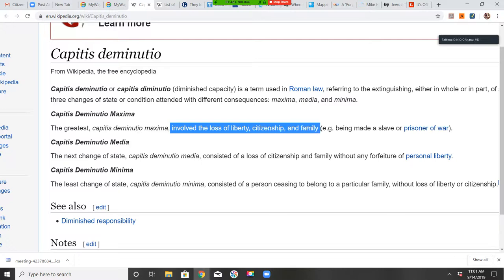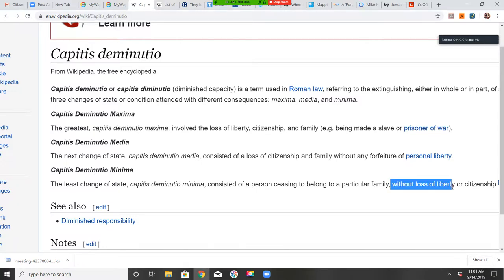And I got a number, not a name. When I get freed, when I serve my time, I go right back to minimum, capitis diminutio minima. I get my liberty back, no loss of liberty. I got my citizenship back, and I ain't no number no more.